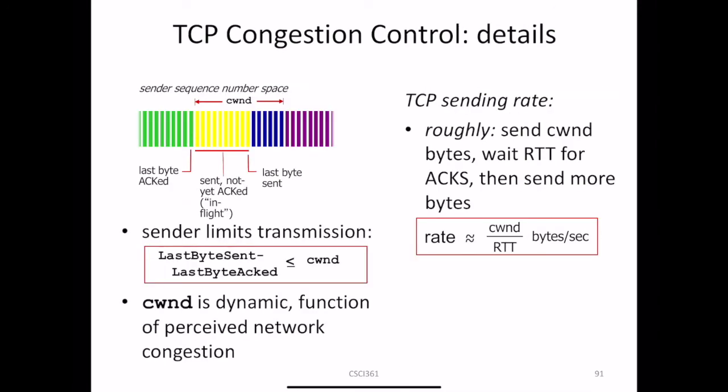Then let's see more details about TCP congestion control. I think you are already familiar with this figure. The green color represents packets already sent out and ACKed by the receiver side. After this part, the purple bars represent packet slots that cannot be used.